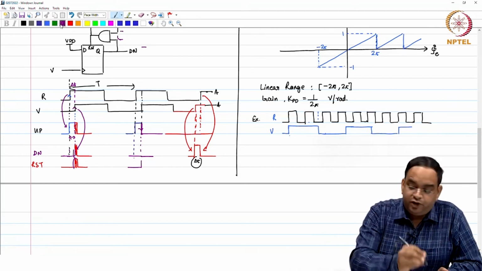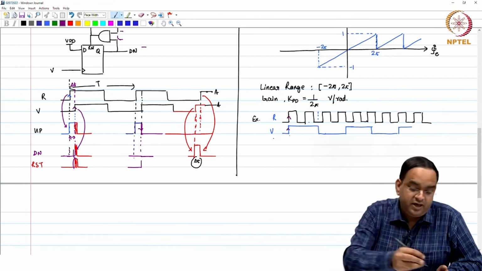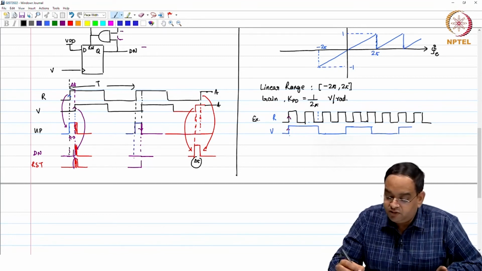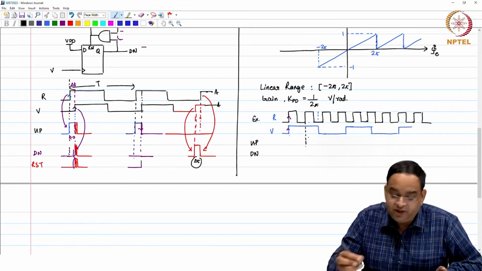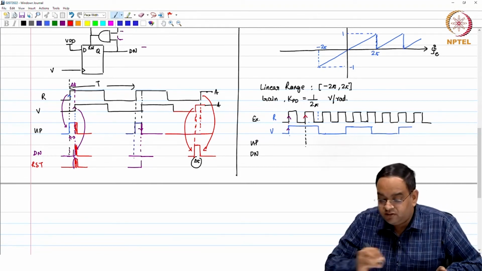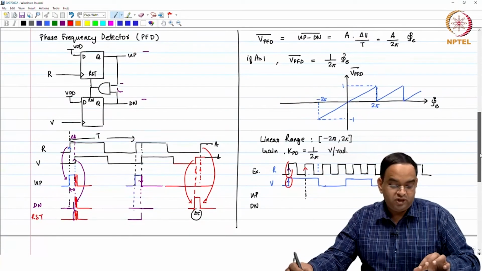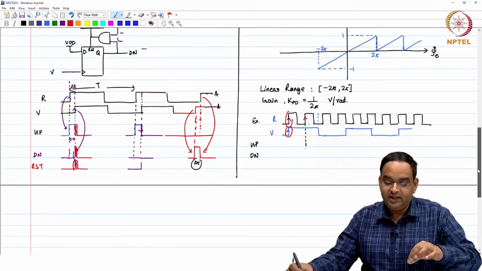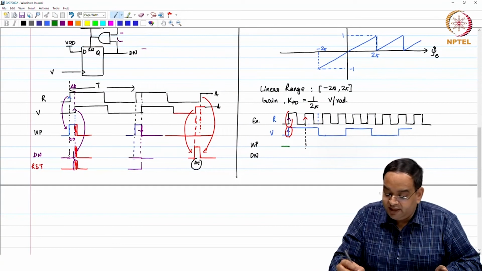So, in this case what you see is initially R and V both get the rising edge at the same time. What is going to happen when you get your rising edge? When you have a rising edge on R and on V both, you can think ideally both flip flop outputs will go to 1 and then they will both go to 0 because the reset will get active.